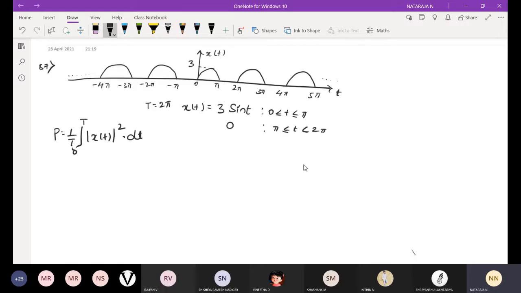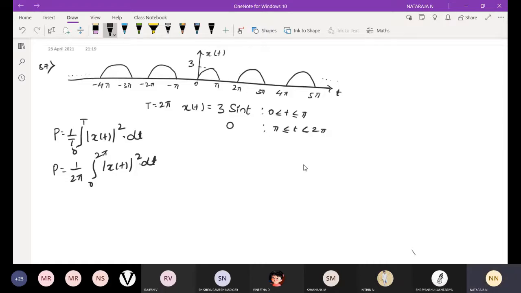Okay. Now I will take P is equal to 1 by T. What is T? T is your 2 pi. So 1 over 2 pi integral from 0 to 2 pi, magnitude of x of t whole square into dt. Now x of t will be split as 3 sin t plus 0, or else you can solve for only 3 sin t.